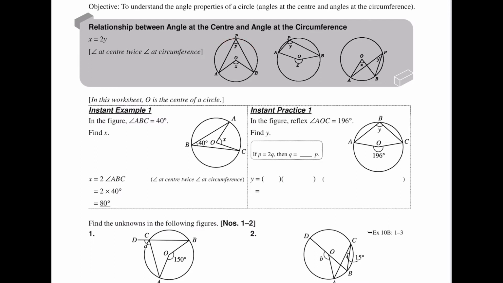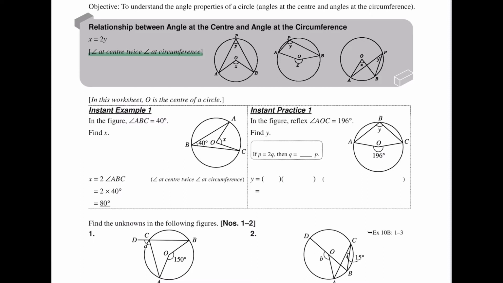The relationship between them is that the angle at the center is bigger than the angle at the circumference with the same arc or the same sector, but it should be twice that, not just bigger but twice. So it's double the angle at circumference.